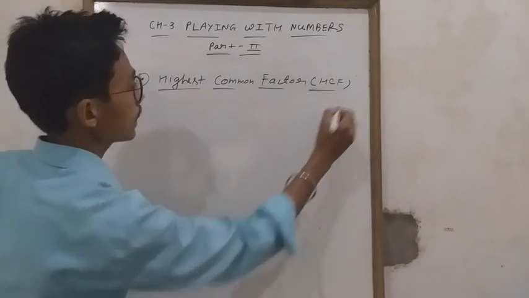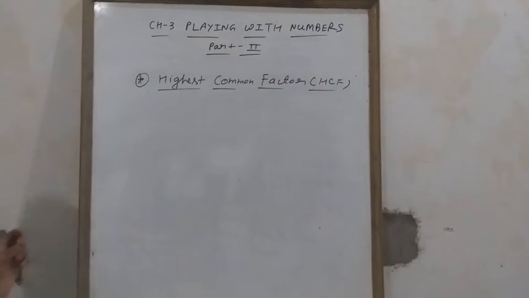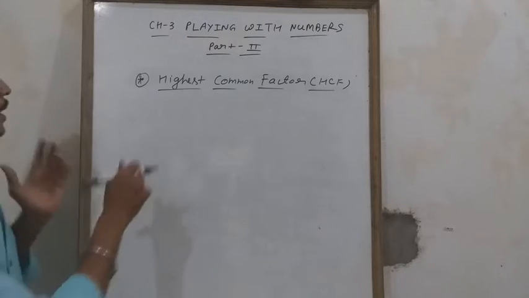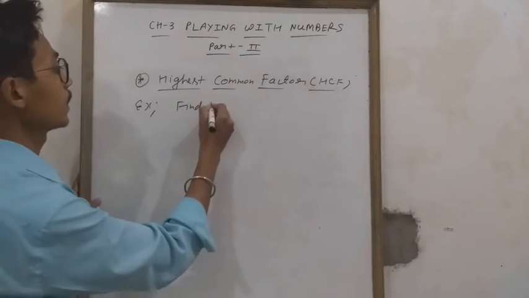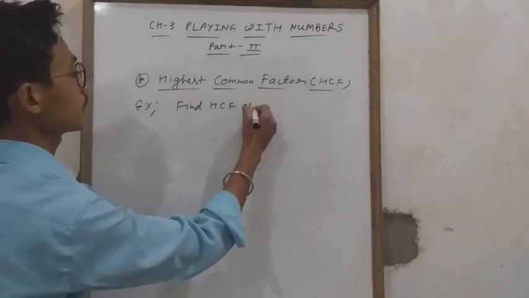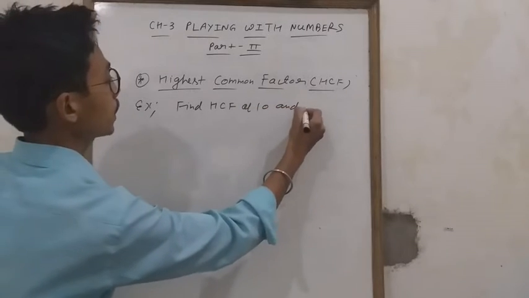Further we will discuss LCM. Clear, students? What is HCF? There are also two methods of HCF, students. Okay. So first we will discuss the simple method. Consider, for example, we have to find HCF. Find HCF of 10 and 14.